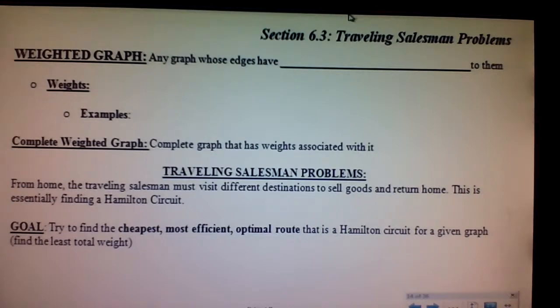6.3, traveling salesman problems. So now, not only do I have pictures with dots and lines, now I'm adding numbers. So these are called weighted graphs. Any graph whose edges have numbers assigned to them.